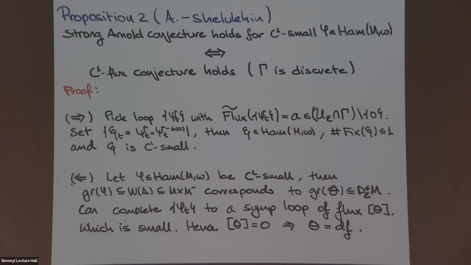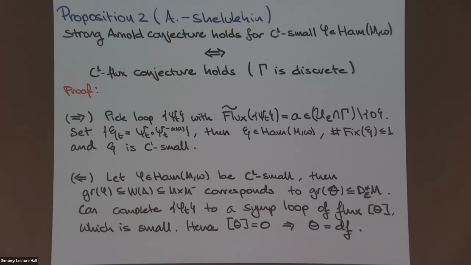Now, in the other direction, if you have a C1 small Hamiltonian diffeomorphism, then, like I said, its graph is going to lie in the Weinstein neighborhood of M cross M, and it's going to be identified with a closed one form. But a priori, we don't know that that form is exact. So what we can do is use that deformation that I was explaining in the beginning, using the fact that Symp_0 is C1 locally path connected, and connect it to the zero section.